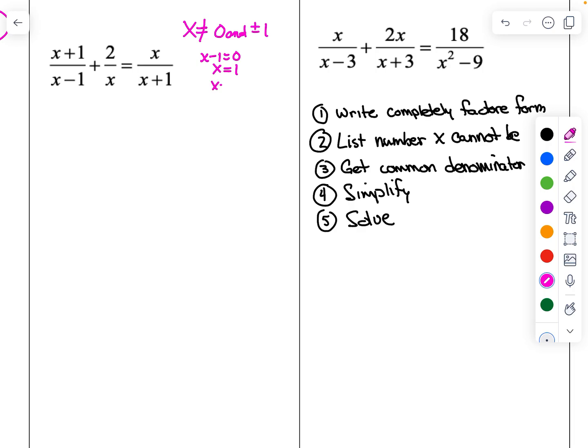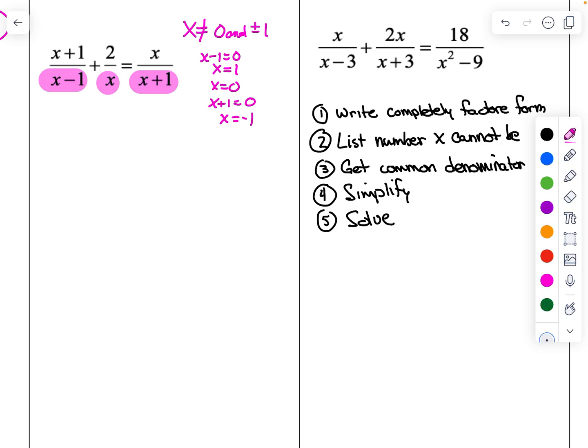If you did x equals 0, and if you did x plus 1 equals 0, then x would be -1. So if we look at each denominator, this denominator says x can't be 1, this denominator says x can't be 0, and this denominator says x can't be -1. So that is why we have those 3 things x cannot be.